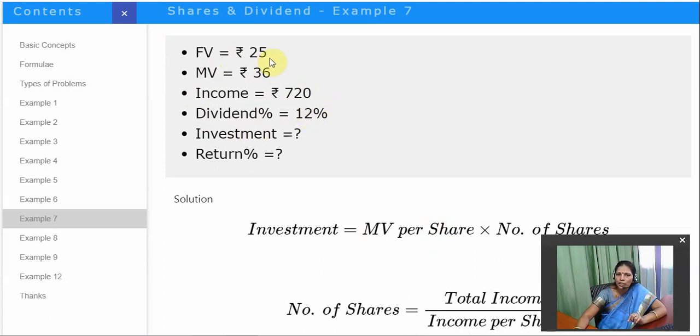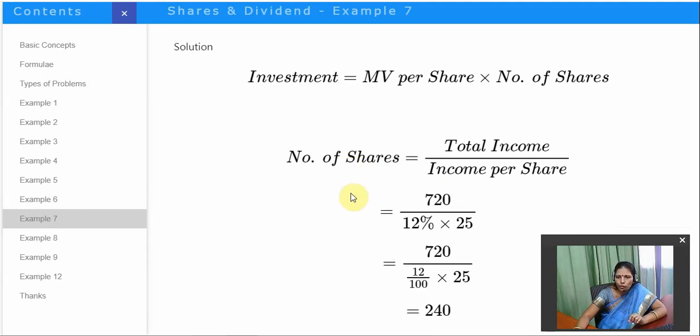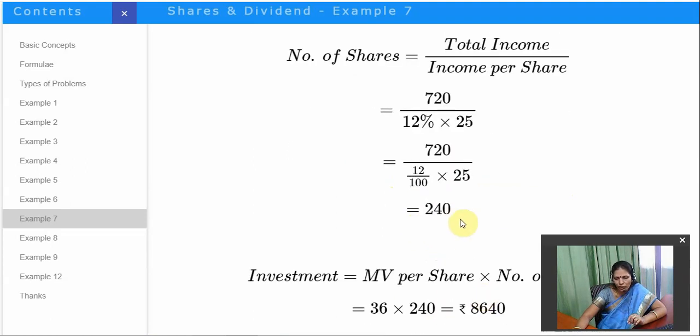Dividend percentage is given and the face value is given. So you need to use only this formula to find the number of shares. So number of shares is equal to total income by income per share. So total income is this, just substitute, and income per share is nothing but a dividend percentage on the face value. So when you calculate, you are getting the number of shares as 240, right?